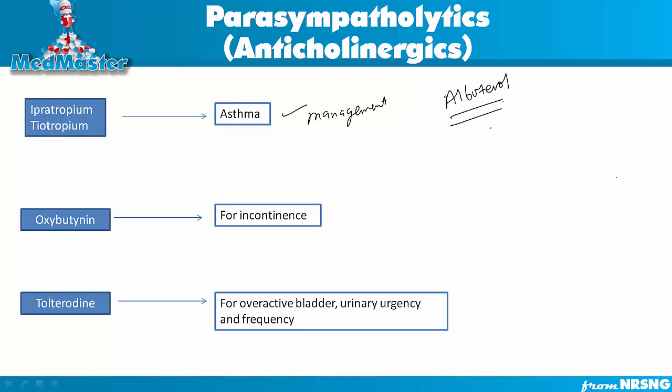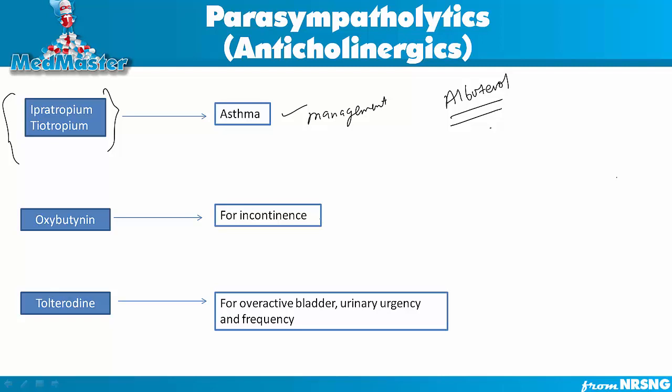Albuterol works really fast, in minutes. So if someone is having an asthma attack, you will give albuterol. You cannot give ipratropium and tiotropium because these drugs take about 15 minutes to start working. So these medications are used for asthma management, not for the asthma attack. That's the important thing to remember. Ipratropium and tiotropium.